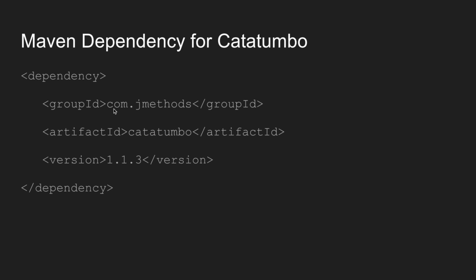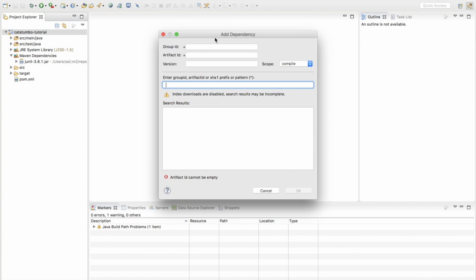Basically, you're looking for com.jmethods as the group ID, and the artifact ID is catatumbo, and the version that you want to use. So let's go ahead and add com.jmethods, 1.1.3. Make sure you're using the latest version. As of now, 1.1.3 is the latest version.